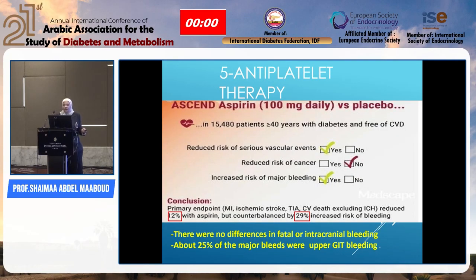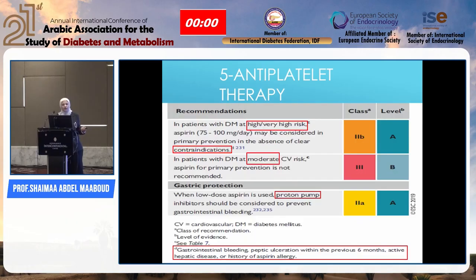According to antiplatelet therapy, in the ASCEND trial, aspirin 100 milligram per day showed a benefit from reducing the risk of serious cardiovascular events, but increased the risk of major bleeding. There is no evidence from this trial of reduced risk of cancer. So the conclusion: the primary endpoint of MI, ischemic stroke, TIA, cardiovascular death was reduced by 12%, but counterbalanced by a 29% increase in the risk of bleeding.